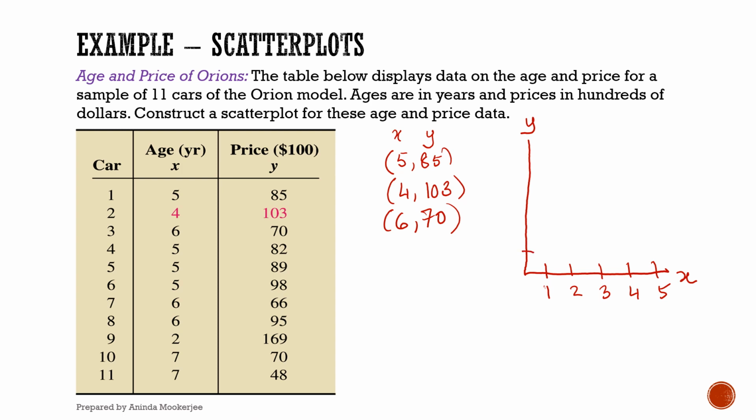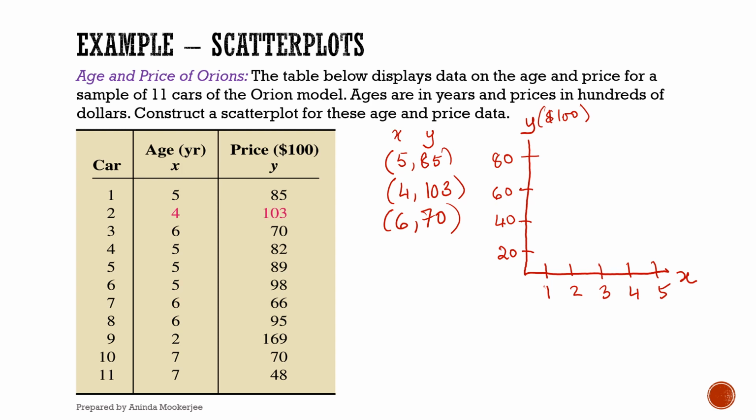We'll start maybe from 20, 40, 60, 80, and so on. Again, this is all in hundreds. I will show in the next slide how they have plotted each of these ordered pairs and what the scatter plot looks like.